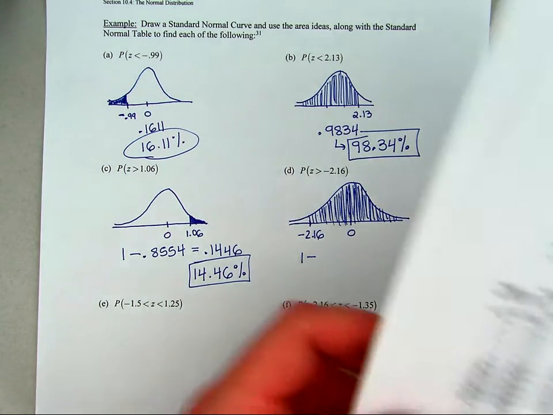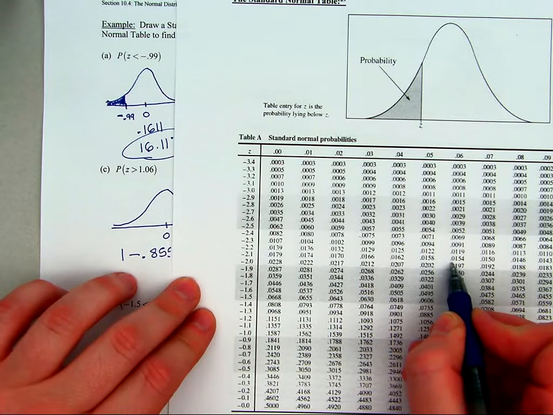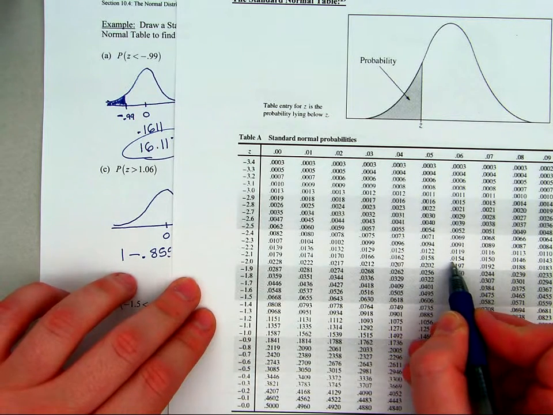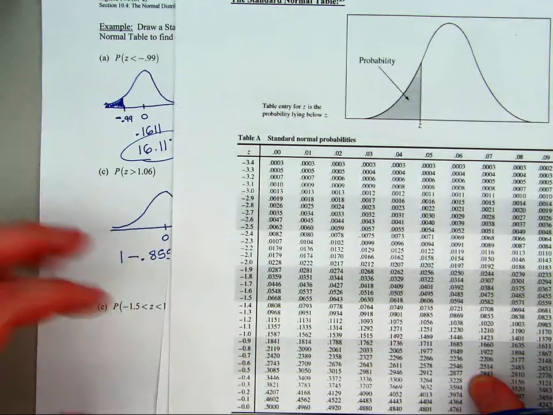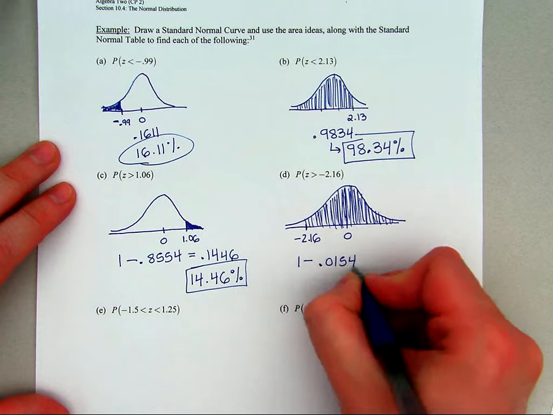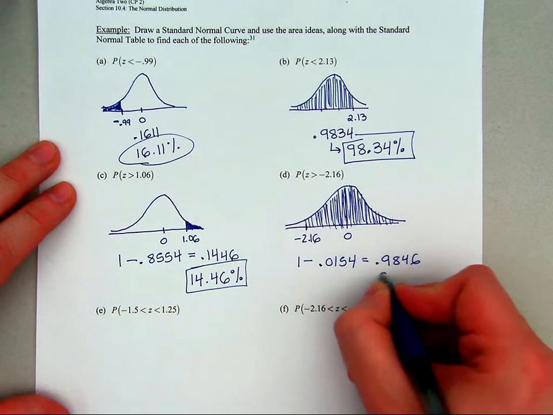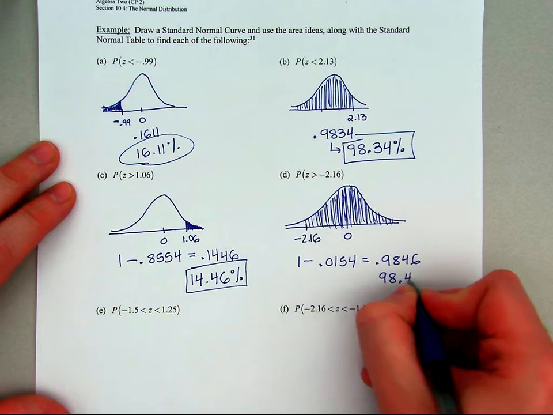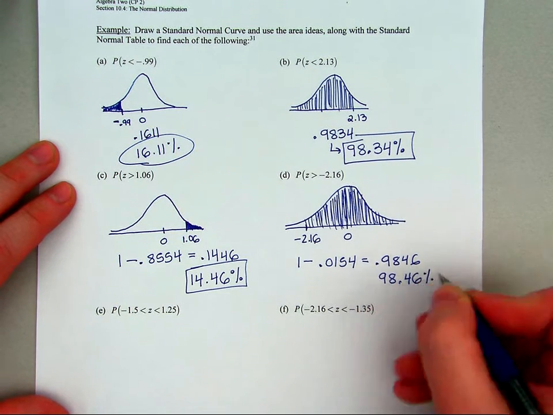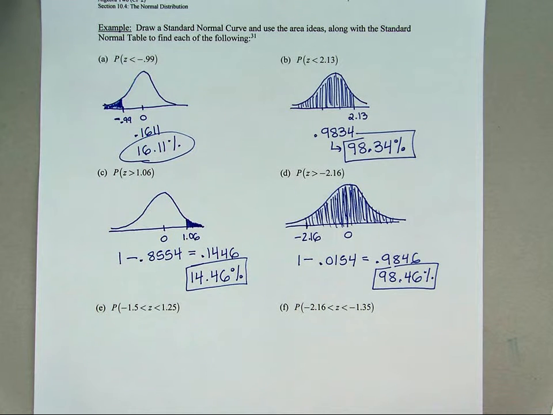I'm going to go to my standard normal table. Negative 2.16 is 0.0154. We're going to get 0.9846, 98.46%. 98.46% of the data has a z-value greater than negative 2.16.